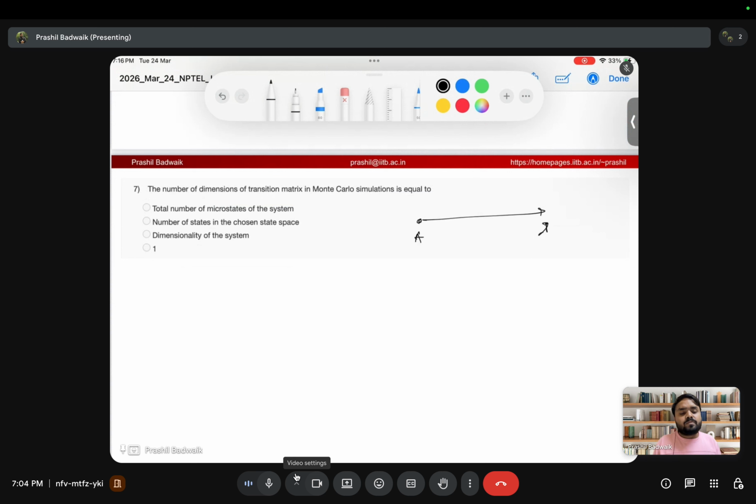We have to go from state A to state Z. Now state Z is more probable than state A. We have to go to that state.